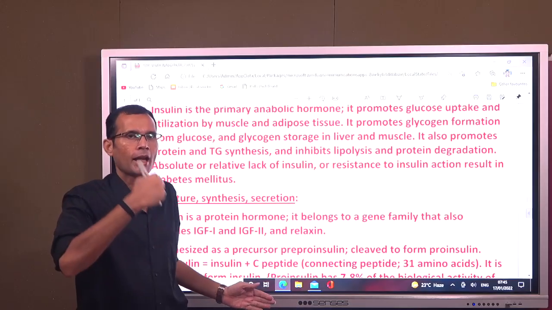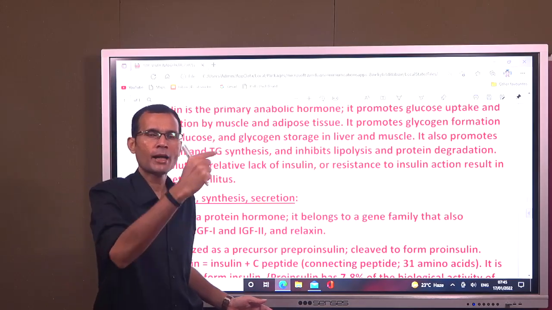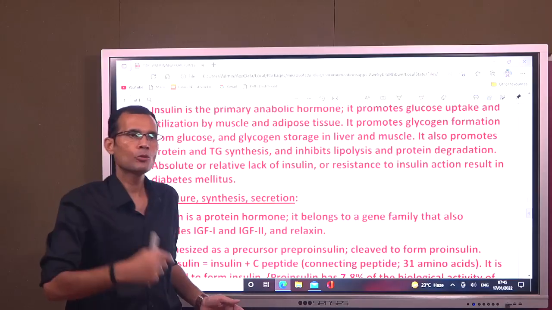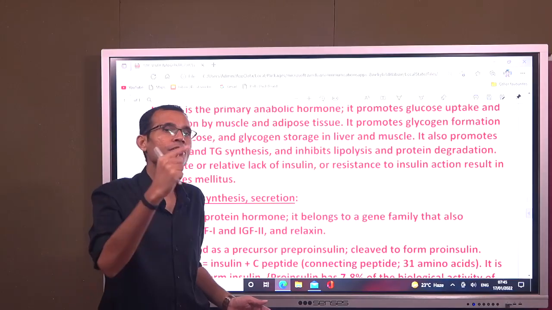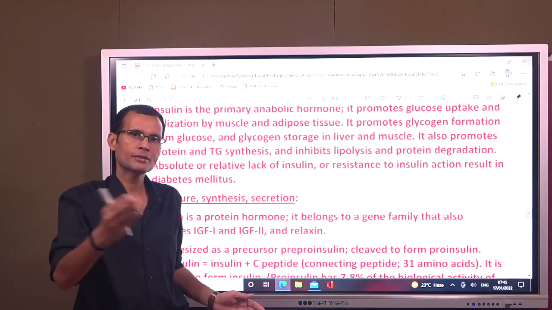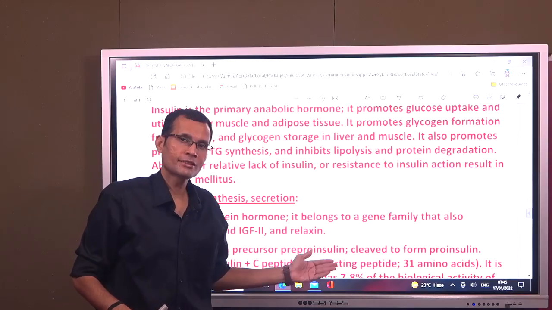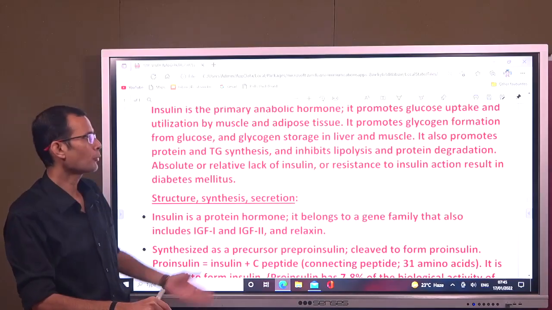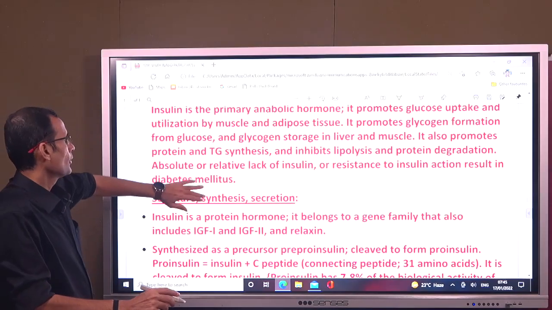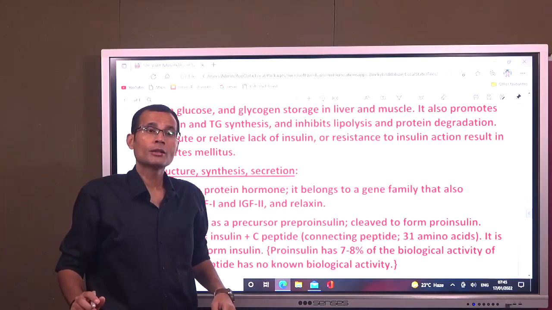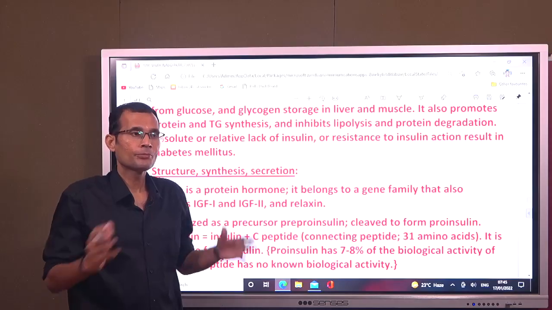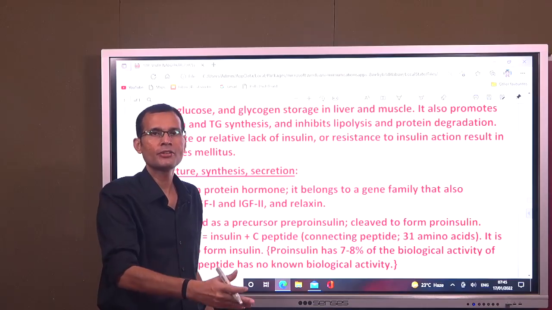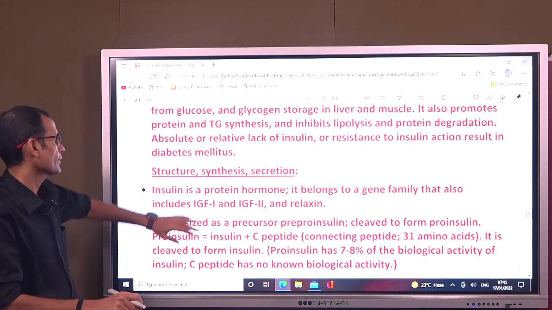One, anabolic action, the positive action: promotes glycogen storage from glucose, promotes protein synthesis, promotes TG synthesis; carbohydrates, proteins, fats. And it prevents what? It prevents glycogen breakdown, prevents triglyceride breakdown, prevents protein degradation. And therefore, if there is a lack of insulin, all these actions will be reversed, and that is what happens in the dreadful disease, diabetes mellitus.